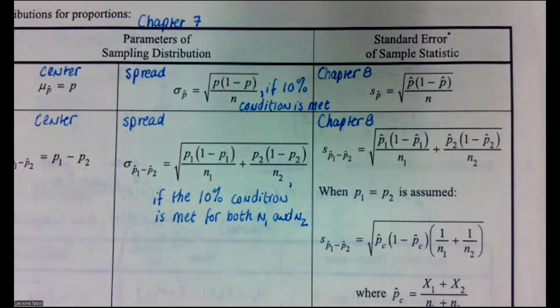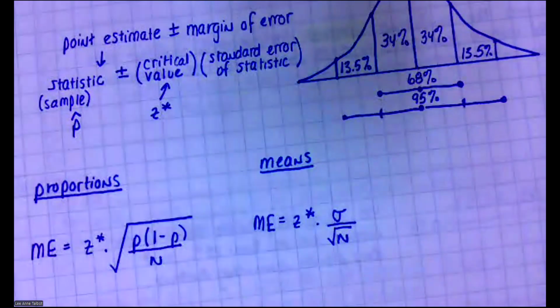You can put that aside. The next thing I need to teach you guys how to do is Z star. So I need you to grab your calculators for that.